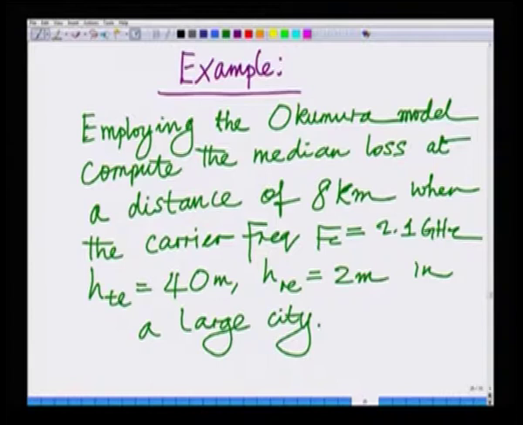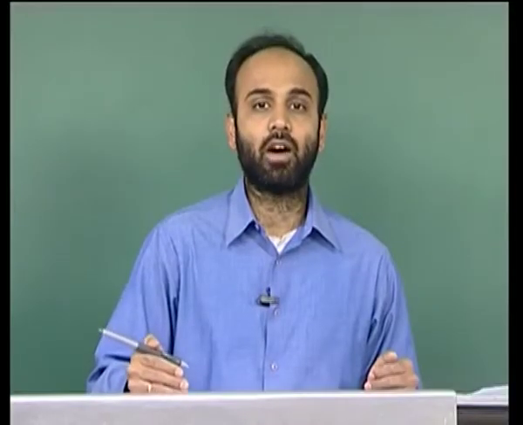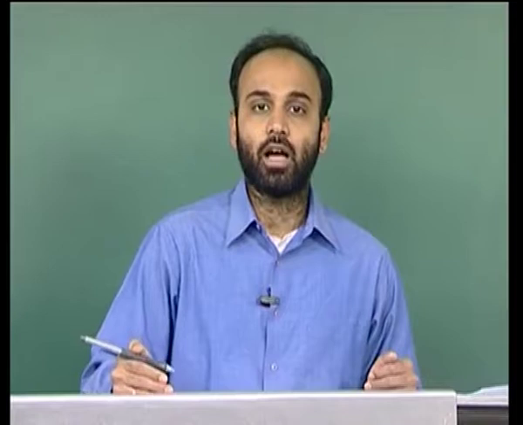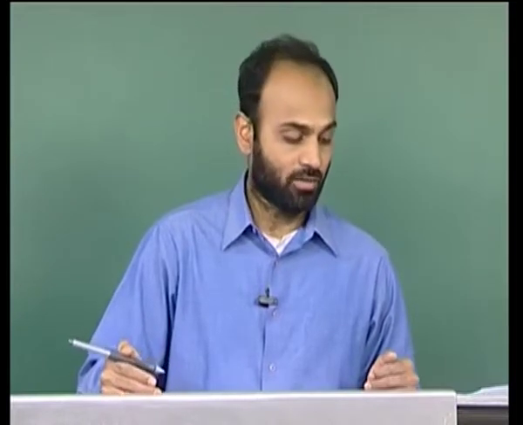We wanted to use the Okumura model to characterize the median path loss at a distance of 8 kilometers when the carrier frequency Fc is 2.1 gigahertz, HTE transmit antenna height is 40 meters, HRE receive antenna height is 2 meters, and we are considering a large city environment. That is, we want to look at this example in a large city environment to essentially consider what is the received signal strength as a function of the distance.